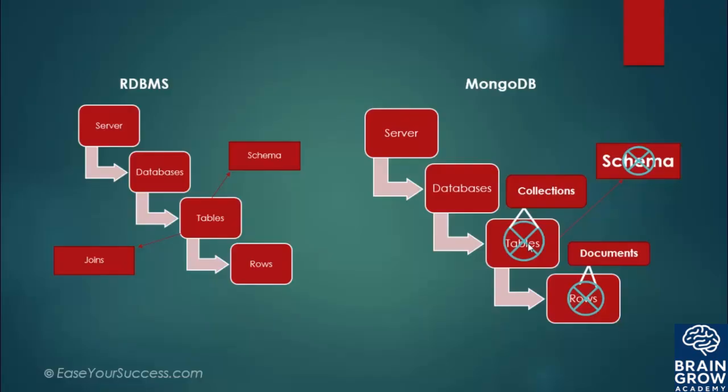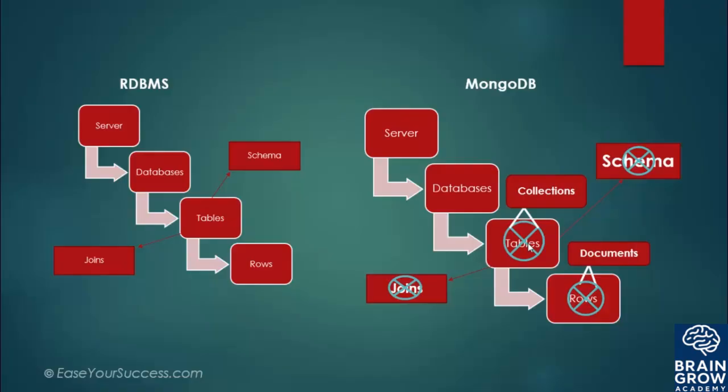So MongoDB supports dynamic schema, and since we are using documents to store data, and sometimes we store data as embedded documents and arrays, we will be keeping data together in MongoDB in the form of documents, and that's the reason when we need some information about data, we quickly get it without writing any joins. So in MongoDB we need not write any complex joins, and that's the reason MongoDB is very quick and fast compared to relational database management systems.